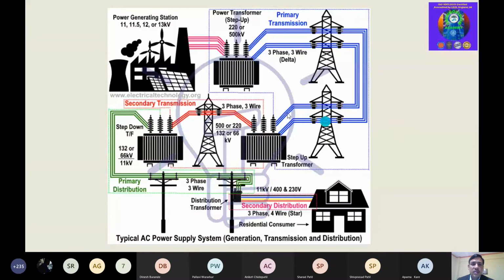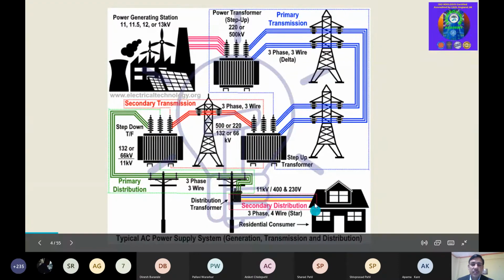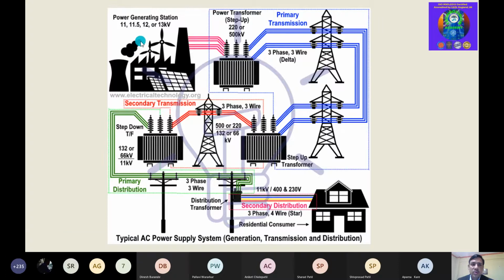And we all know our generation, transmission, and distribution system. Power generation is at low voltages, that is 11 kV, 11.5, 12, or sometimes 13 kV also. Then we step up these voltages to EHV level, then transmit those voltages.